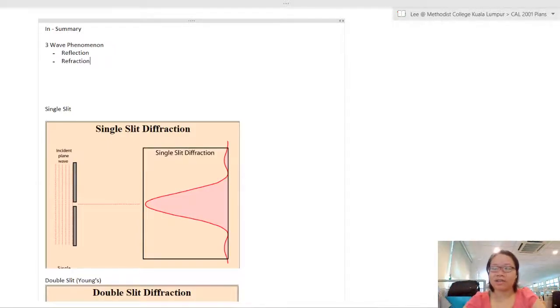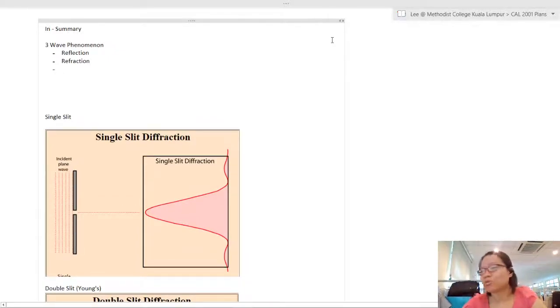And finally, not in your syllabus now, but I just tell you, diffraction. But I think maybe they also expect you to know because it's from IG. This one is a spreading of wave as it passes a gap or an edge into a geometric shadow.